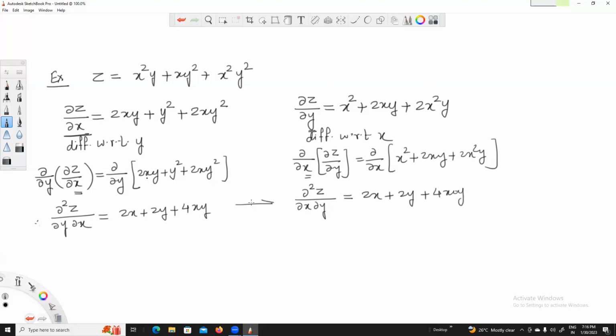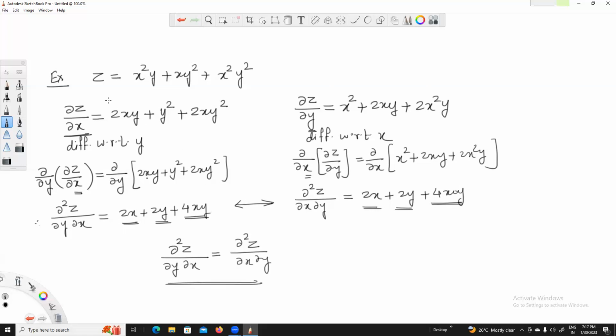So look at these two terms here. 2x, right hand side, 2x, 2y, 4xy. So what it means here, del 2z over del y del x is equal to del 2z over del x del y.